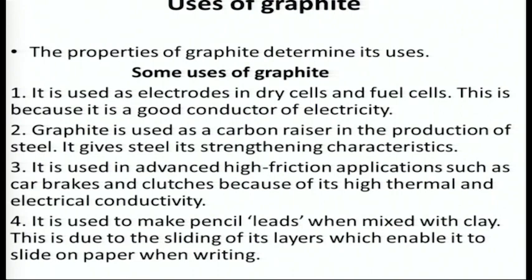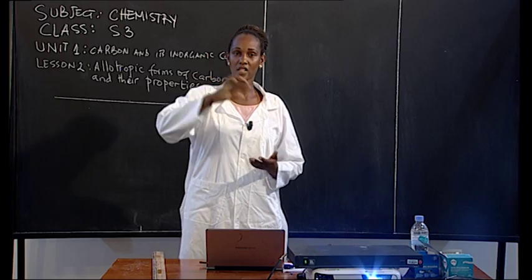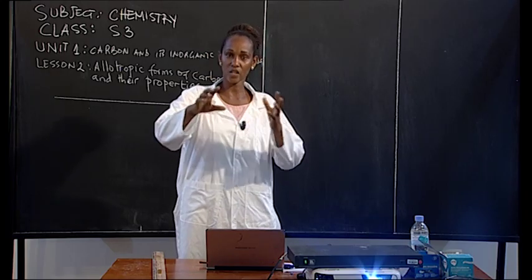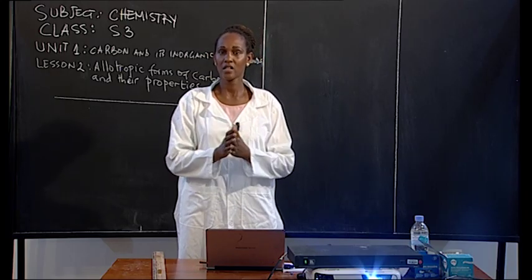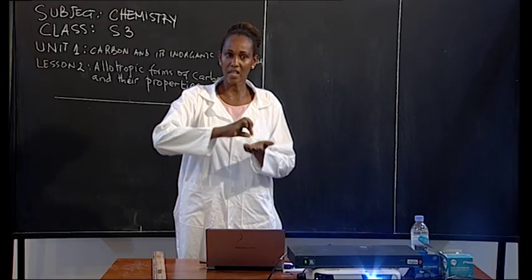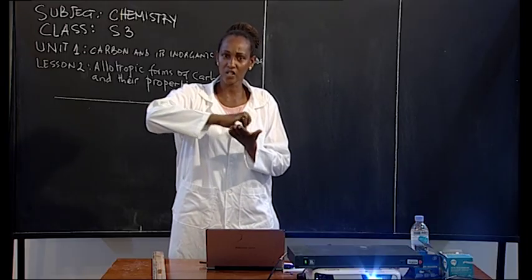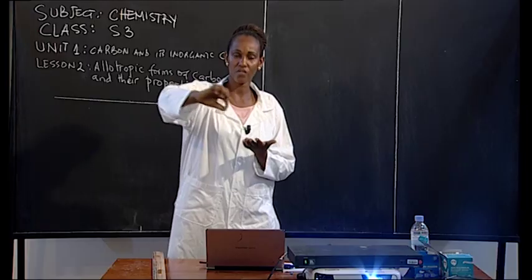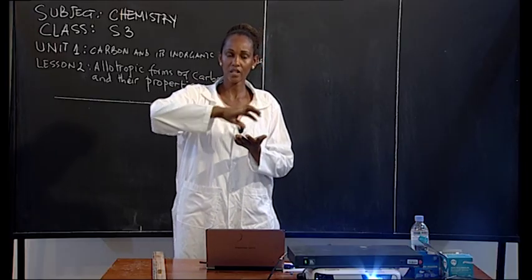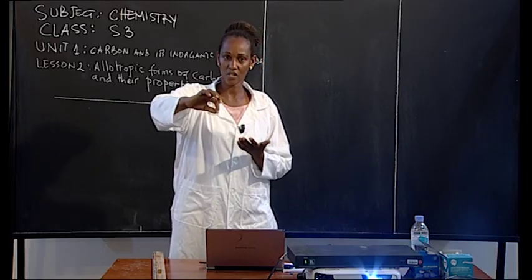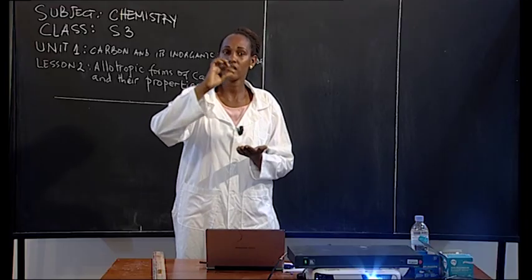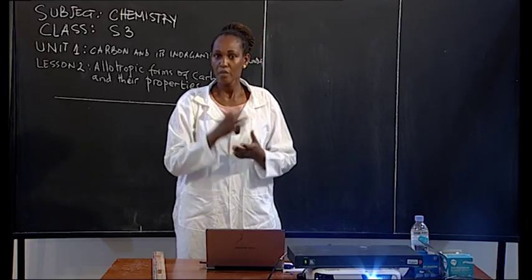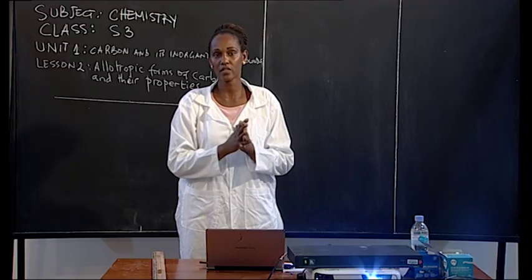So when you get the dry cell, you know the dry cells that we use in radios, in watches, those dry cells. That black kind of electrode that is inside the dry cells, that one is made of this graphite. Why? Because graphite is a good conductor of electricity.